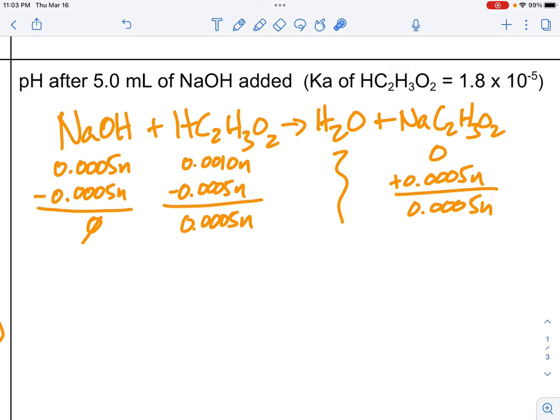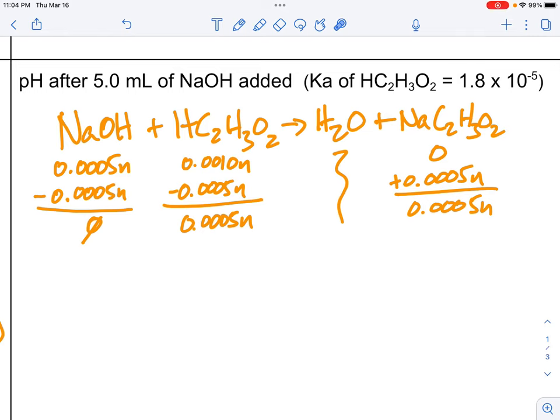Then we think about equilibrium because we've made a conjugate base and we have a weak acid. And so what we have here is a weak acid and its conjugate base all in there with water, and this is known as a buffer. And when you have an acid with a conjugate base, that's a buffer system. And buffers work to keep the pH from changing very much.